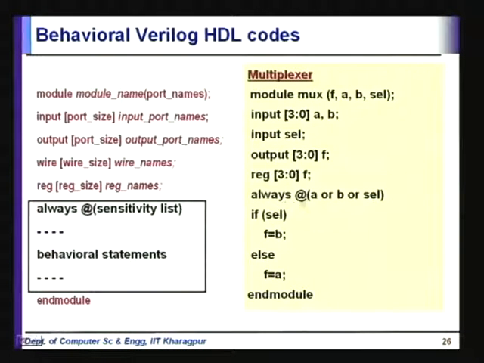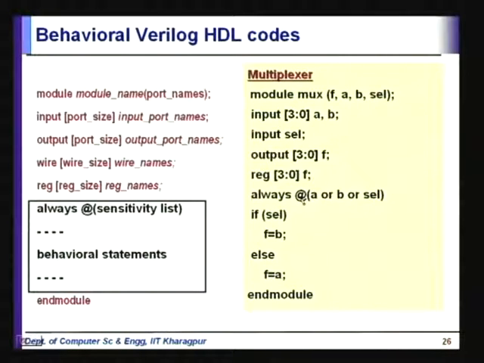Now, when you say always at A or B or ACL, it means that whenever A changes, then that is activated. So, when you say A or B or ACL, that means that whenever any of these change, then it is going to get activated, right.